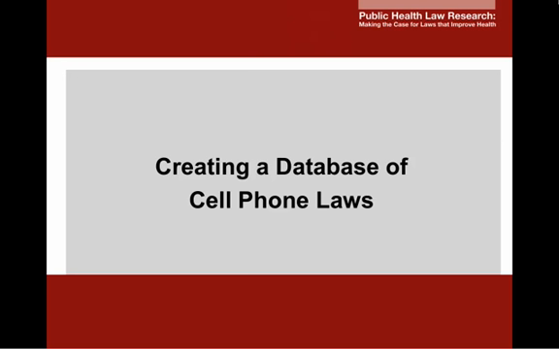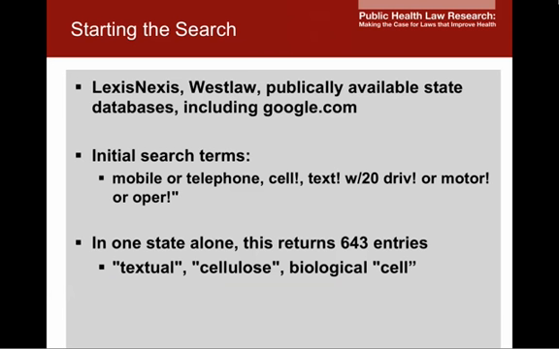So our next step was to turn to LexisNexis and Westlaw to search. Getting started on the search, we began with laws related to distracted driving and mobile devices using, as I said, LexisNexis and Westlaw. There were also a number of publicly available websites, which I'll say more about in just a moment, but we began searching these sources using a variety of terms, including mobile, telephone, and cell.